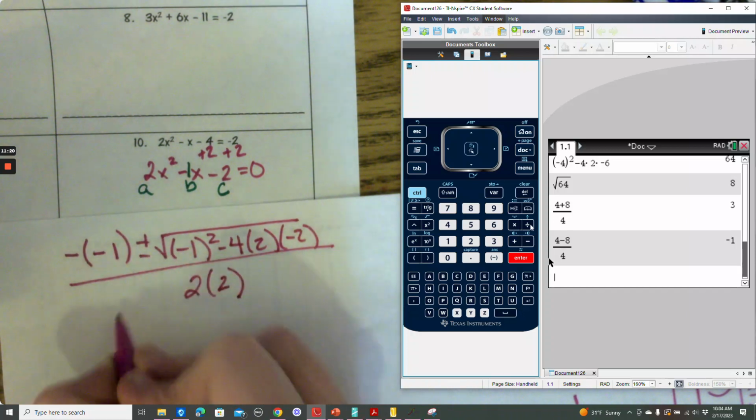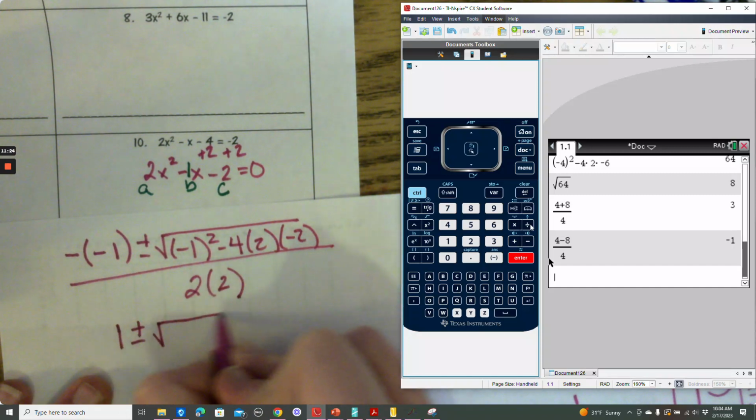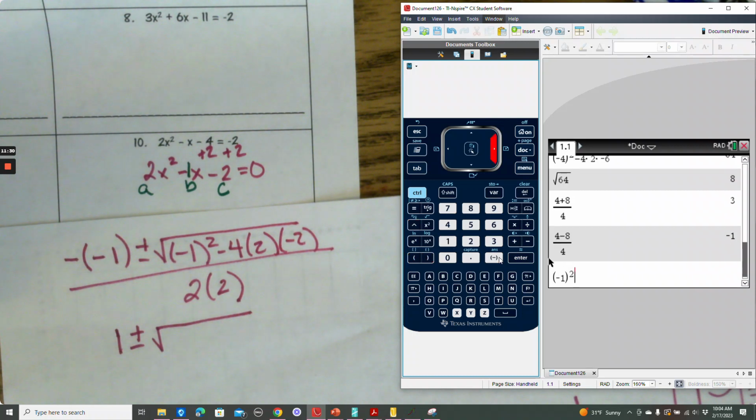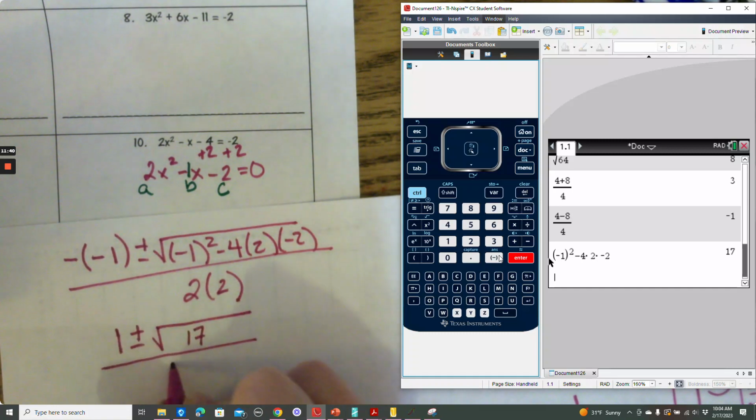So -1 is a positive 1. Then we check what's underneath the radical. So you already know it's going to be gross because I've told you it's going to be gross. 17, yeah. No perfect square there. 2 times 2 is 4.